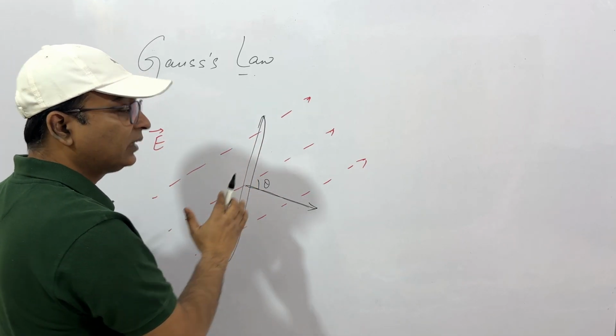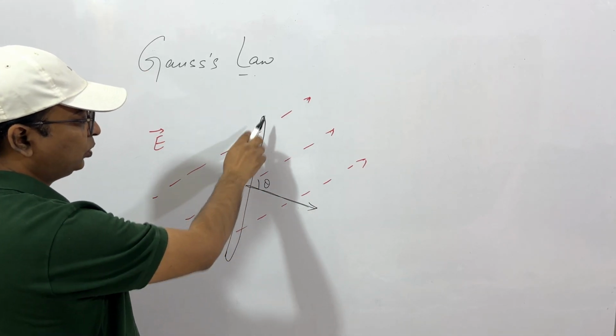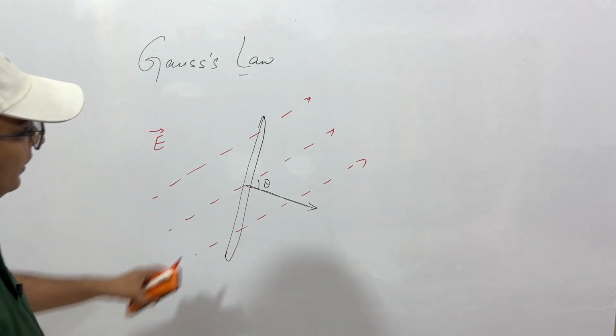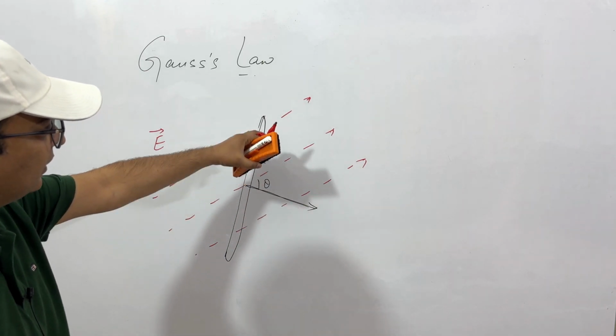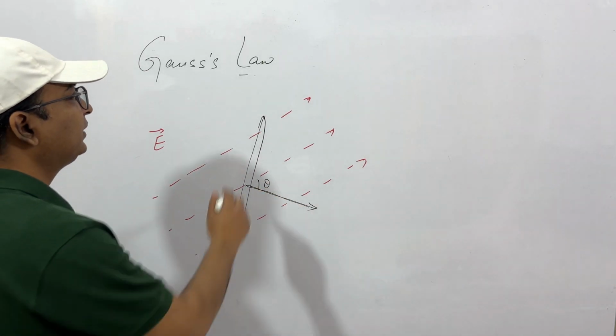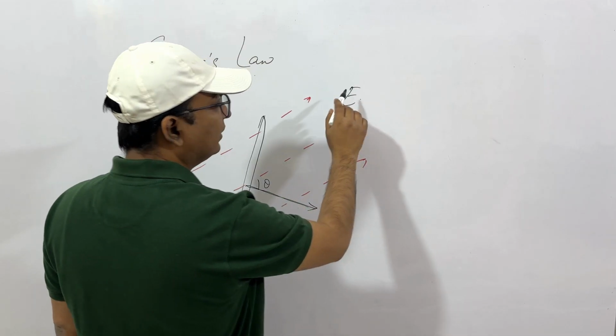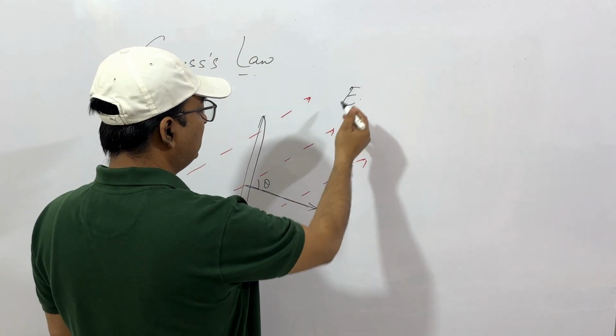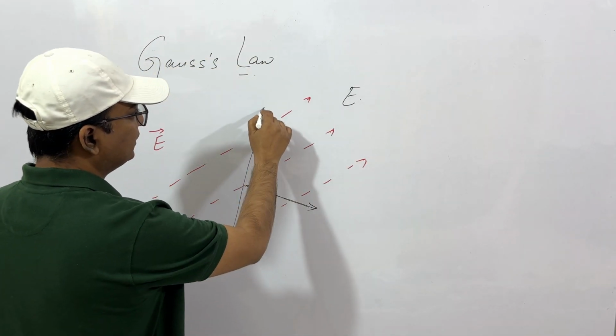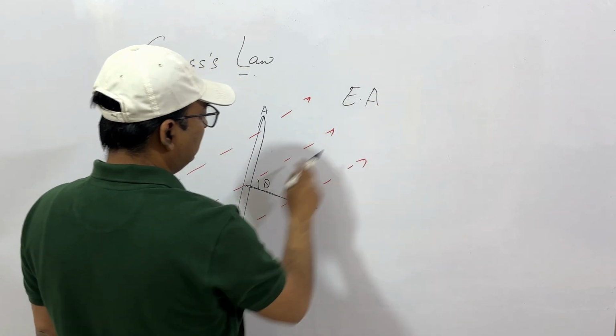Total electric field lines crossing through this surface, normal to the plane of the surface, will be E. I'm using the magnitude only. If the area of this surface is A, then it is E A cos theta.